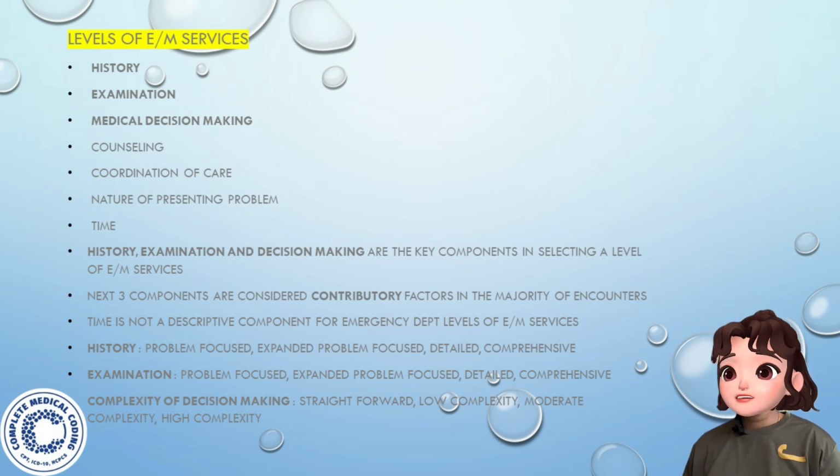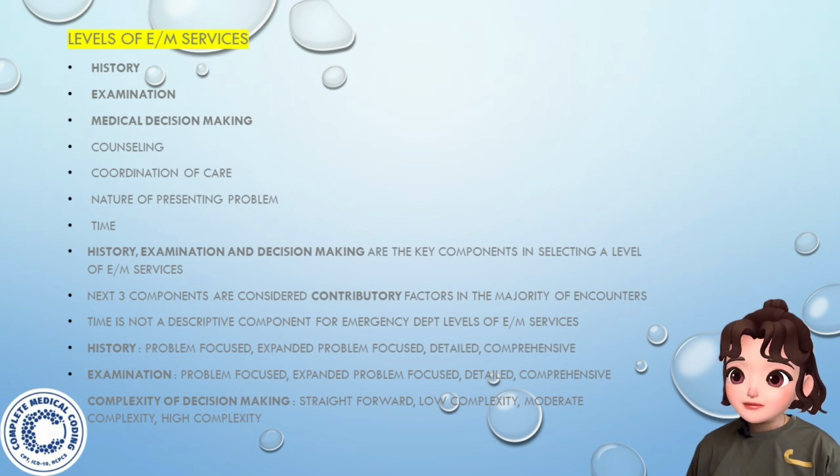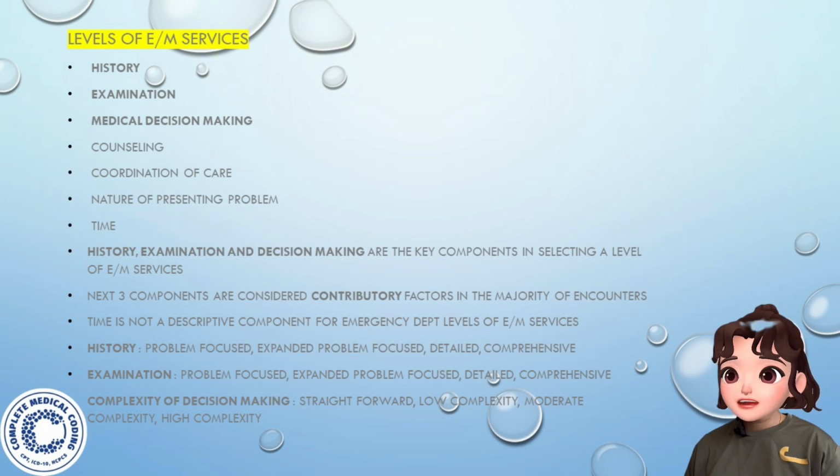Now, the main 3 components we have to take care of are history, examination, and complexity of medical decision making. History can be problem focused, expanded problem focused, detailed, or comprehensive. Examination is also the same: problem focused, expanded problem focused, detailed, or comprehensive.